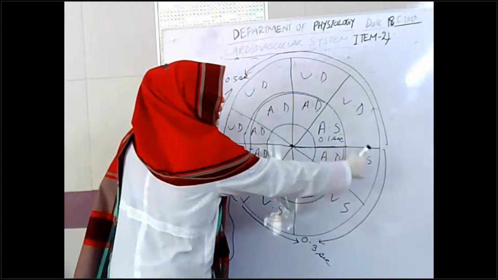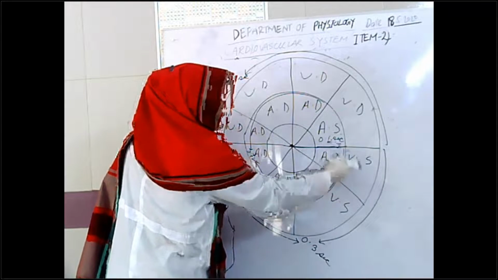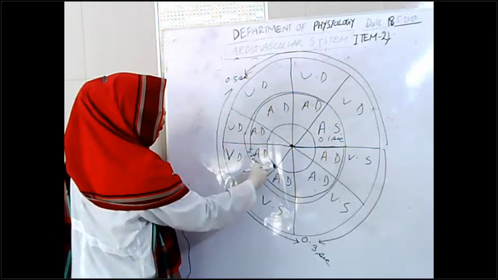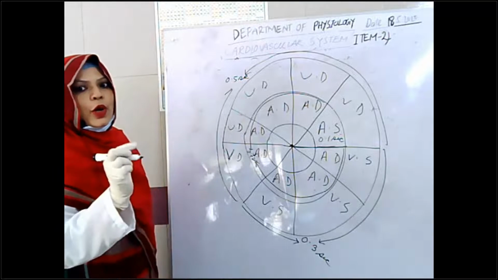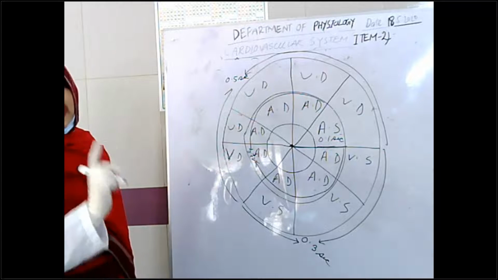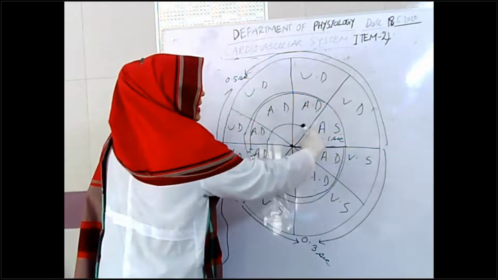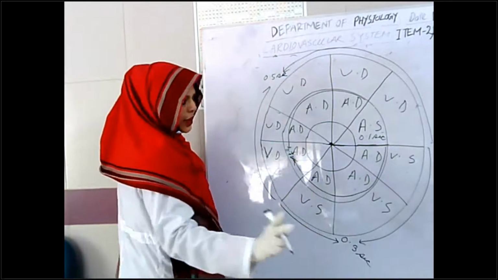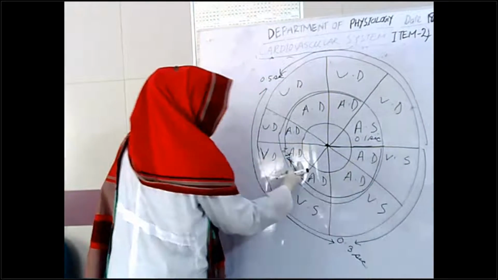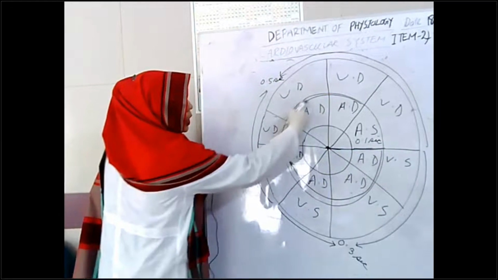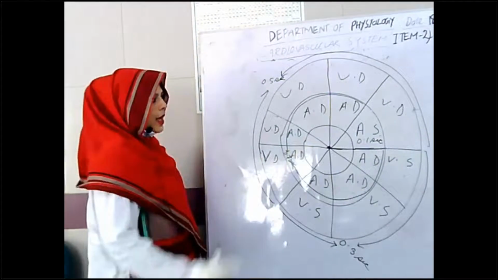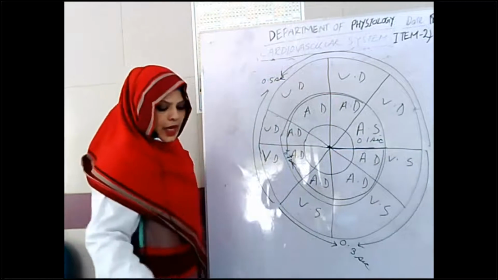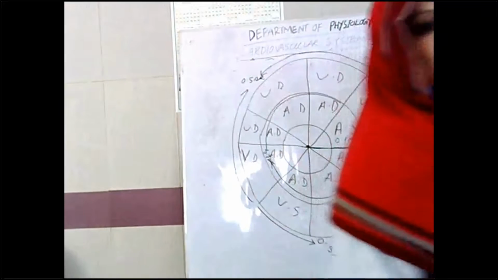But atrial diastole and ventricular diastole will always partly overlap. Now we will discuss one by one what is atrial systole, what is atrial diastole, everything.